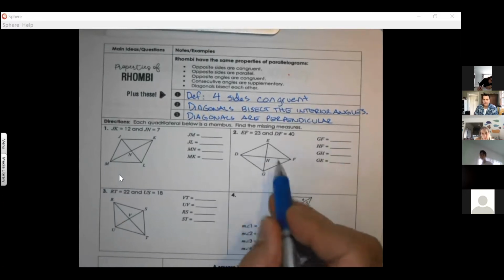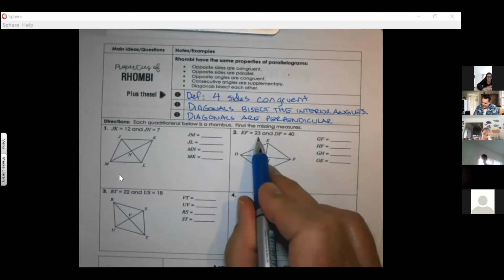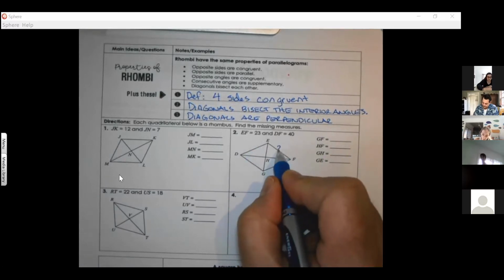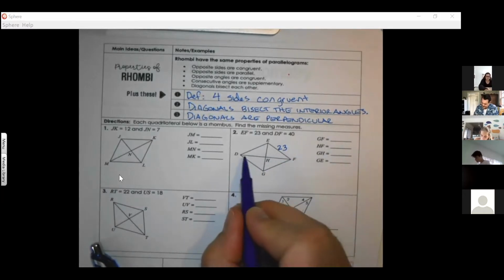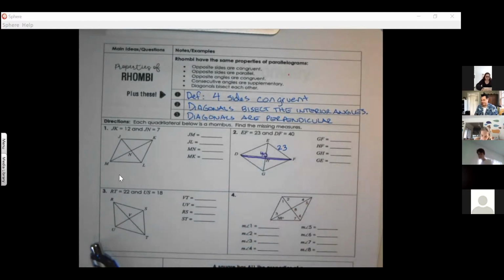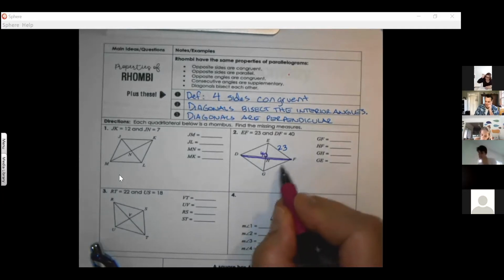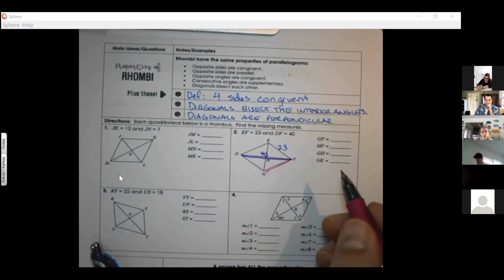So let's do number 2 here. I know that EF is 23. And I know that DF is 40. This is asking me to find GF. So how long is GF? 23.